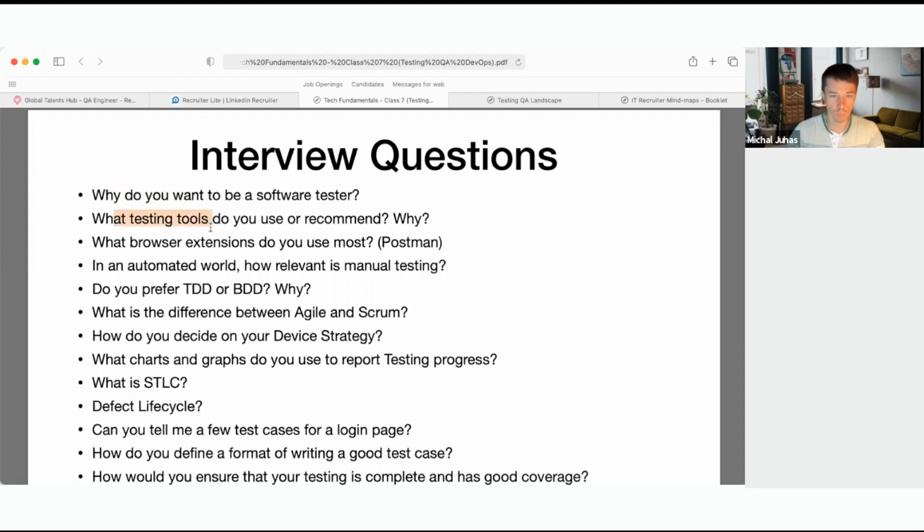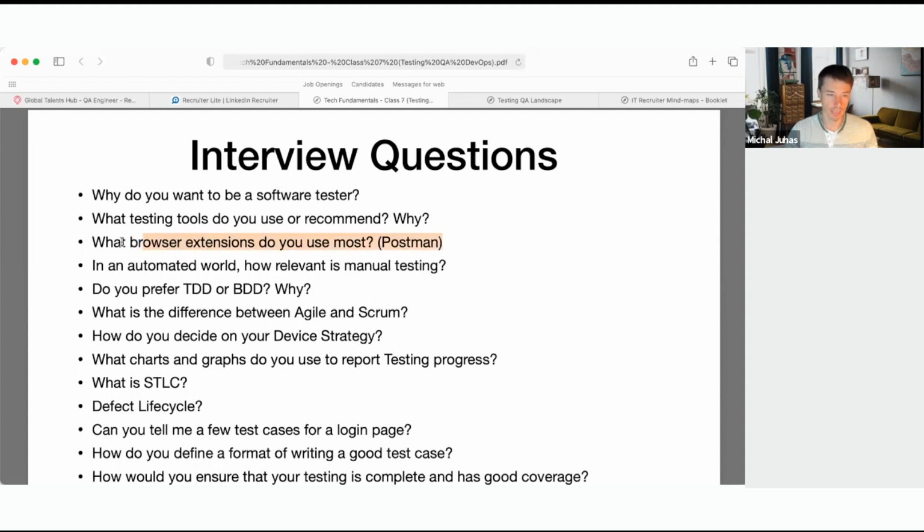For example, what testing tools do you use or recommend? So we are looking at, for example, PyTest, as you mentioned, Val, or Selenium, but the other part of the question is important too. Why Selenium? Why have you used Selenium? What browser extensions do you use most?